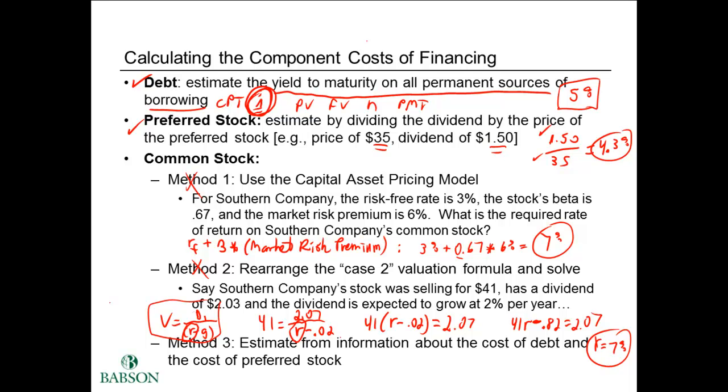Well, one thing that we could do is say, hey, if you're a stock investor, you're last on the totem pole, so your required rate of return is higher. The stock is riskier for you than it is for all the other providers of financing. The other providers of financing, debt holders, are expecting 5%. Preferred stock is expecting between 4 and 5%.